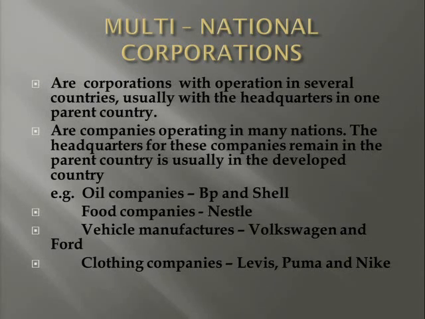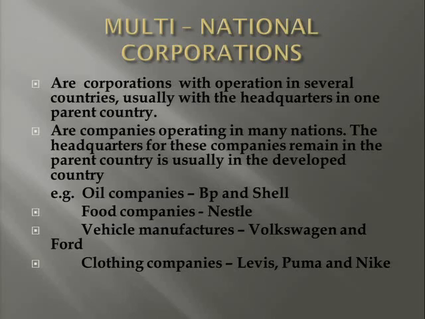Let's make examples. We have oil companies like BP and Shell. We have food companies like Nestle, and car manufacturing companies like Volkswagen and Ford. We have clothing companies like Levi's, Puma, and Nike.